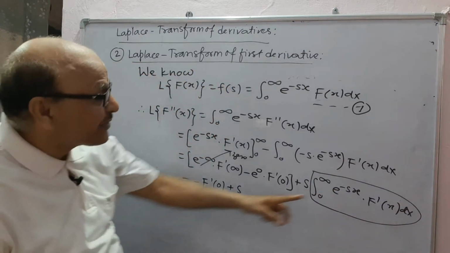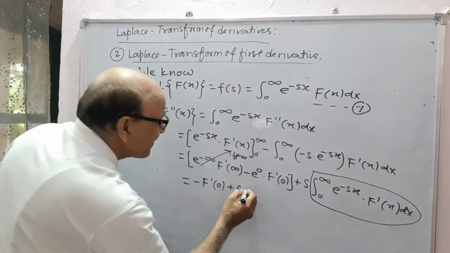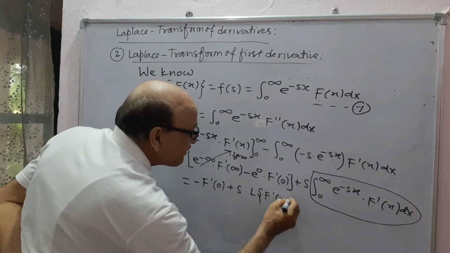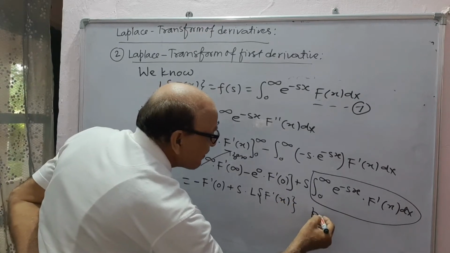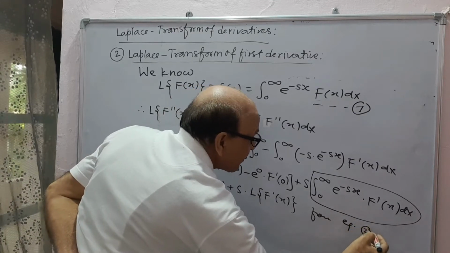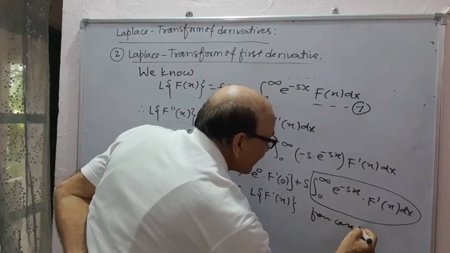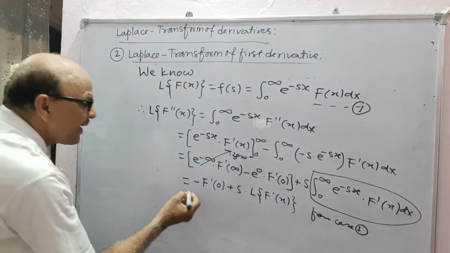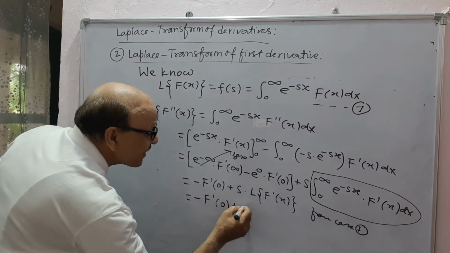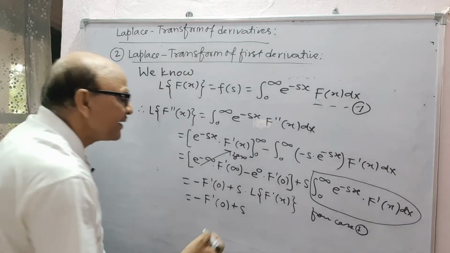this is the Laplace transform of the first derivative, as we have obtained above. So this is the Laplace transform of the first derivative from equation 2 of case 1 studied before, and minus f dash 0 plus s, its value is obtained in the above article in equation 2.